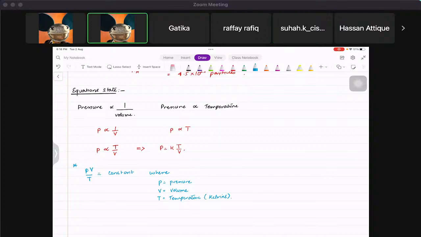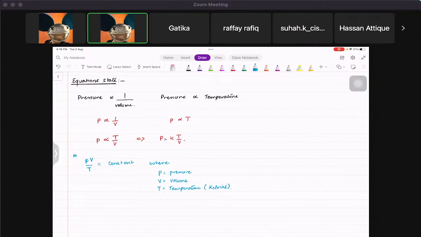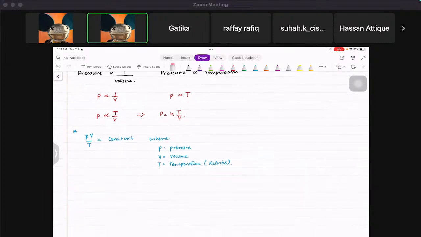Now, there will be two equations. Those who study chemistry will also learn it, but in physics we use both of these.